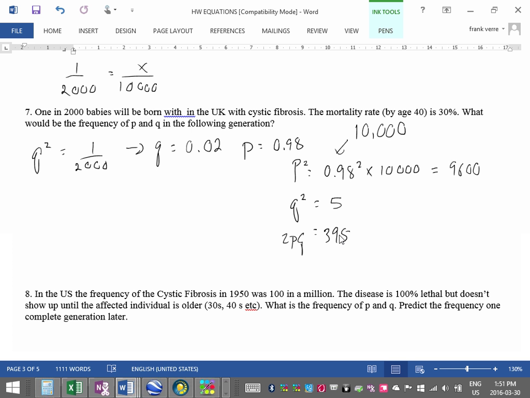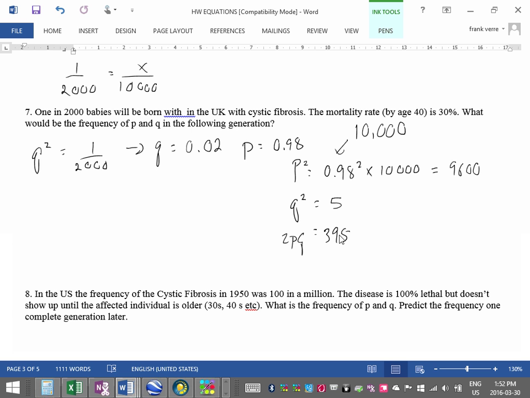Now this is where we have to think about the next generation. In the previous example it was a little bit easier because we just eliminated who? We eliminated the Q squared, right? But here it says they don't necessarily die. There's a 30% chance that they'll die.